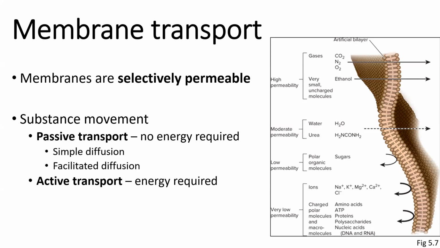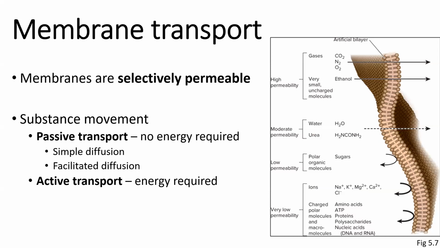So let's talk about the substances that are highly permeable, okay? Gases can cross the membrane readily, okay? Carbon dioxide gas, oxygen, obviously, nitrogen gases, even the bad gases such as carbon monoxide, nitric oxide, hydrogen cyanide gas, all those can cross membranes.